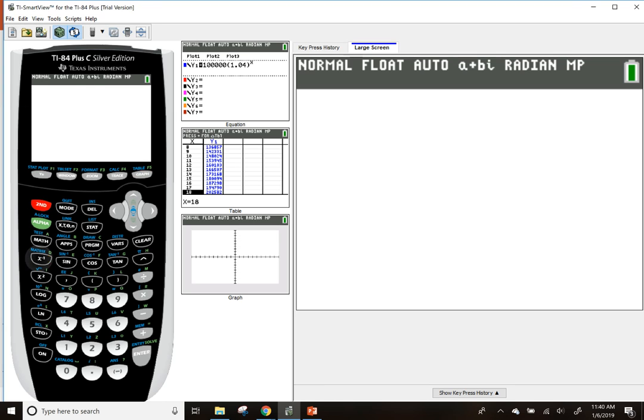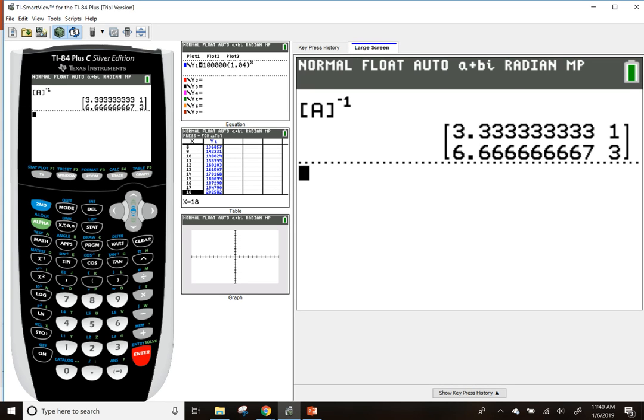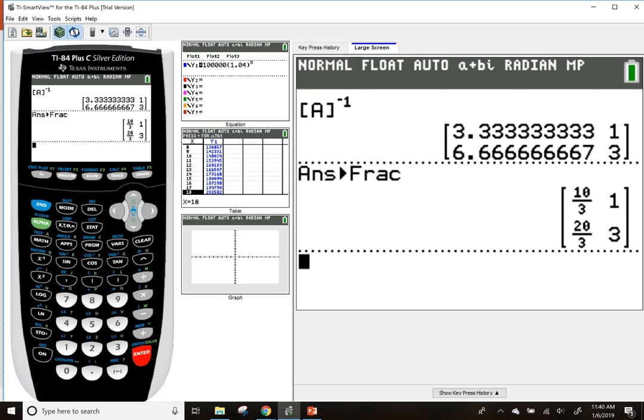So that's the matrix. I need to figure out what the inverse of that is. So let's select that matrix. Matrix A is what I just had. Let's put inverse on it. And the inverse is this. Let's convert that to fractions because it'll look a little bit better. So math, enter, enter. We have 10 thirds, 1, 20 thirds, and 3.